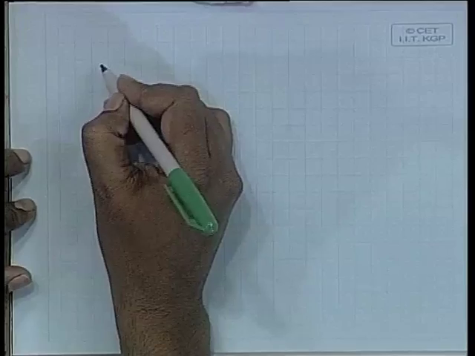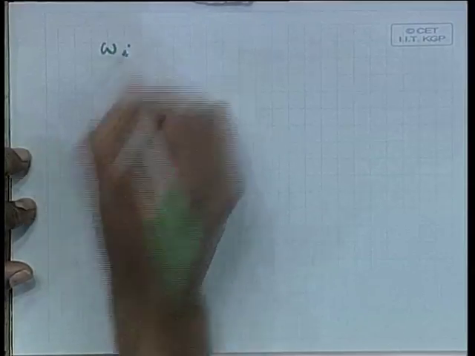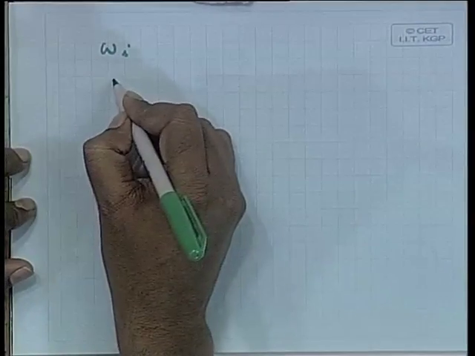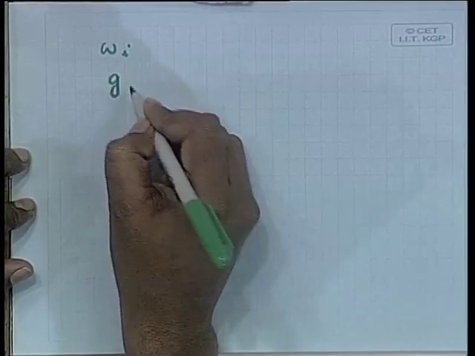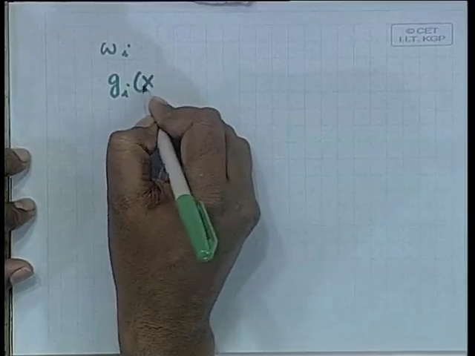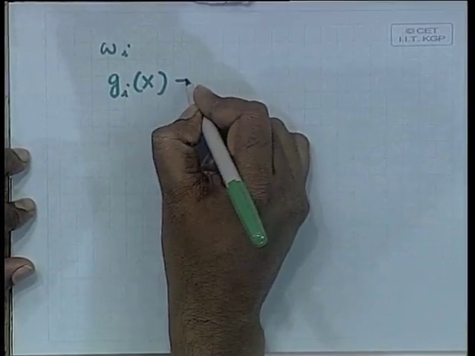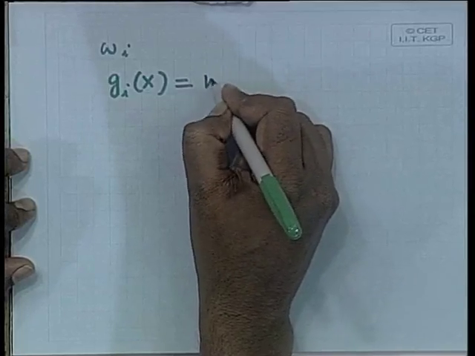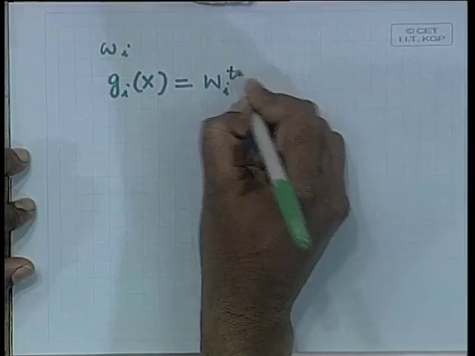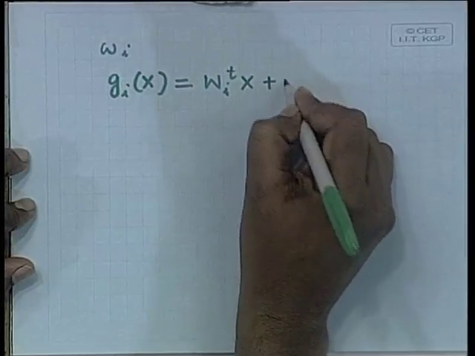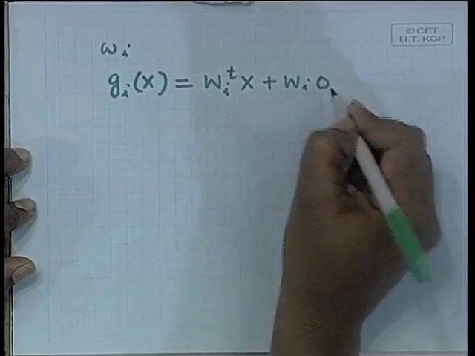And that is the essence of a linear machine that we have said earlier. That is, for every class omega I, we have a discriminant function defined as g I x, where this g I x is nothing but w I transpose x plus w I naught.